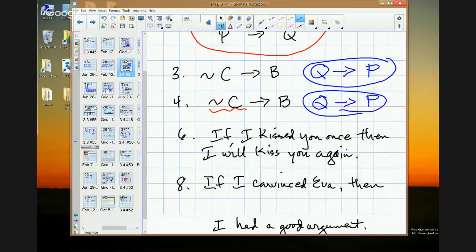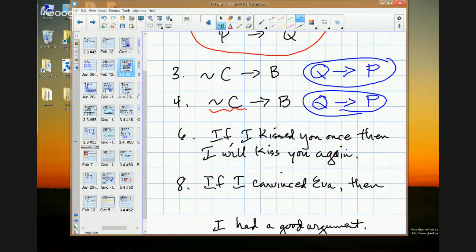It just turns out by what they said in number 2, having cavities is Q, and brushing your teeth with Clean happens to be P. So it's really saying Q only if P. Well, how does that translate? If Q, then P. So this only if stuff is really a lot of wasted, confusing words, to be honest. Especially if you're into logic, it'd be a lot better just to say if Q, then P. Simple, direct.